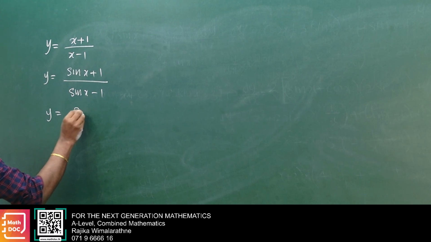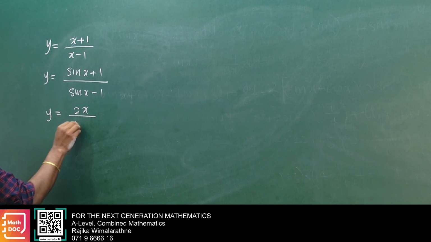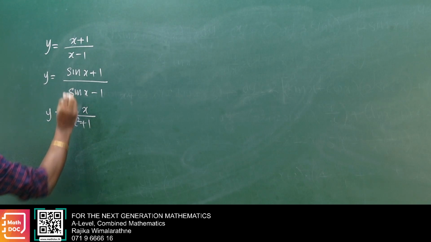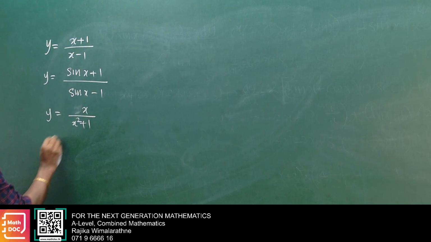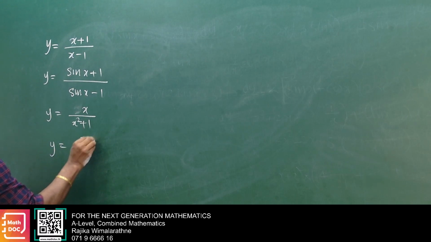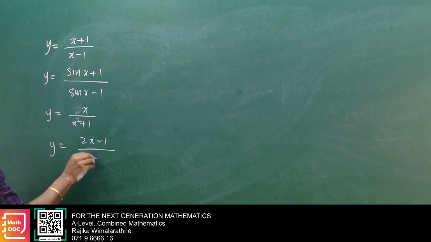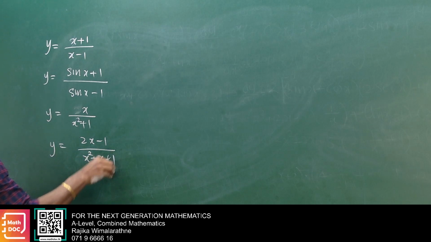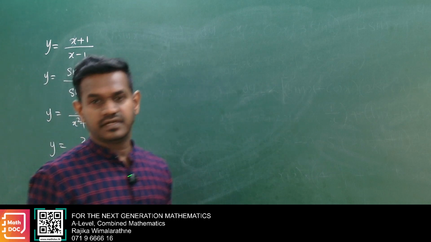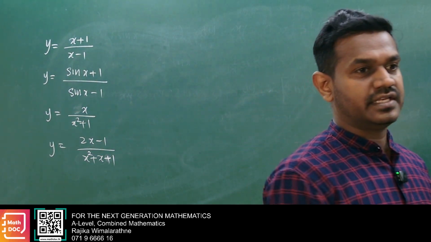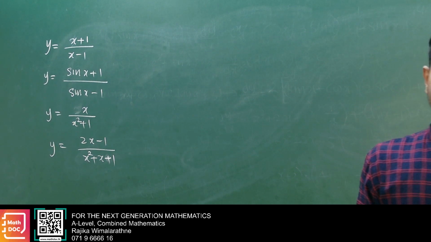Y equal 2x over x square plus 1. X over x square plus 1. 2x minus 1 over x square plus x plus 1. Okay, do them. I need only the first line, the first differentiation line only.